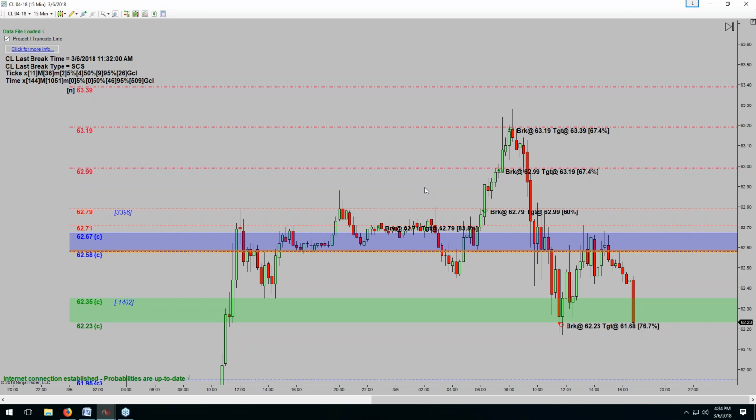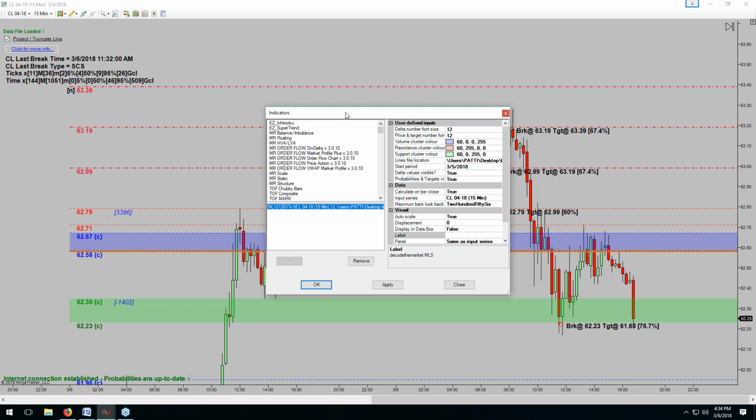So the programmer that Maria has been using, I don't know much about him. You'll be able to ask her more questions later about that. But he was a programmer for Lloyd's of London, and he is insanely genius. It blows my mind. And you'll see here, if I right click on the chart, you'll see the indicator, and it's not really an indicator per se.